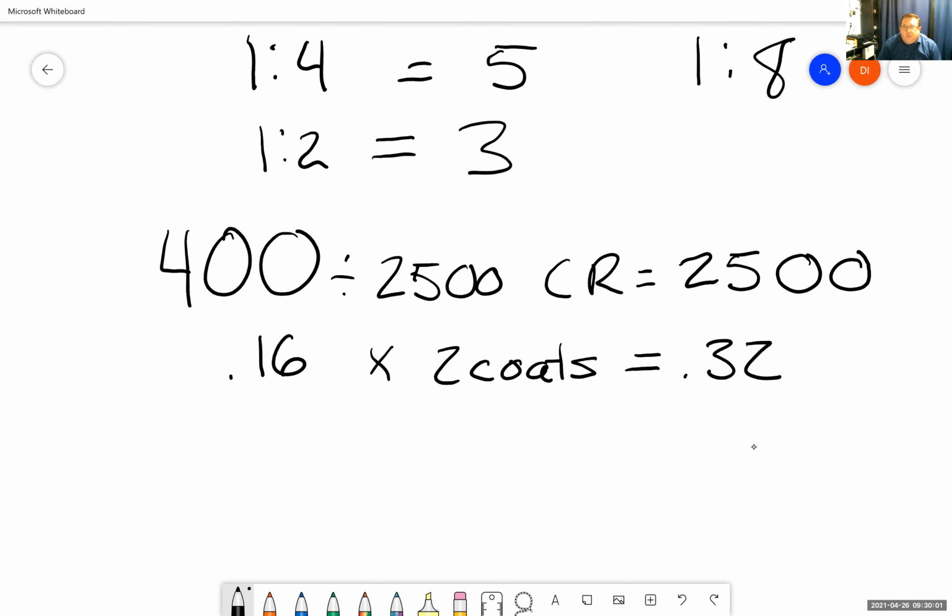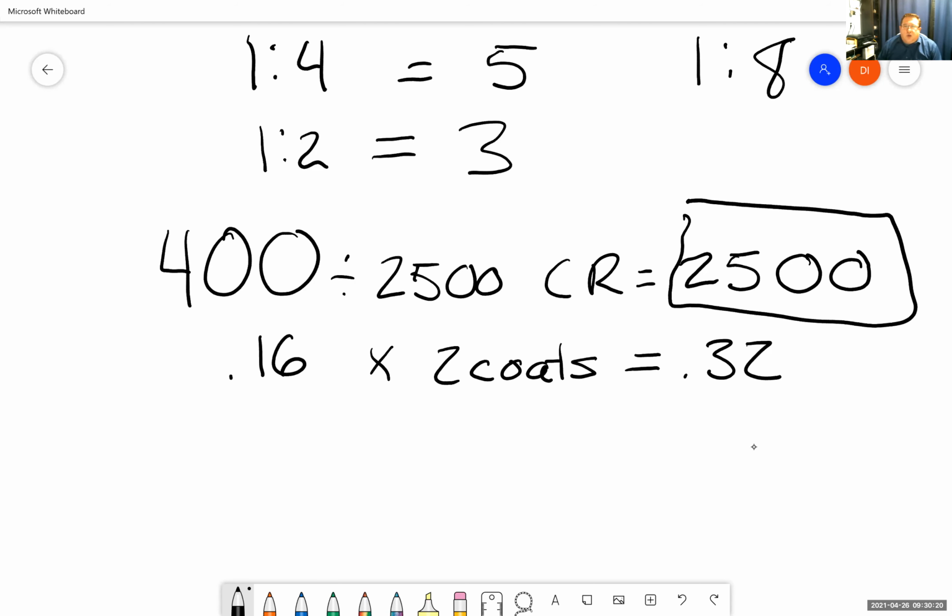And I would recommend, when you are determining this, for the purpose of our projects, we will use 2,500 square feet as our average number or our standard.